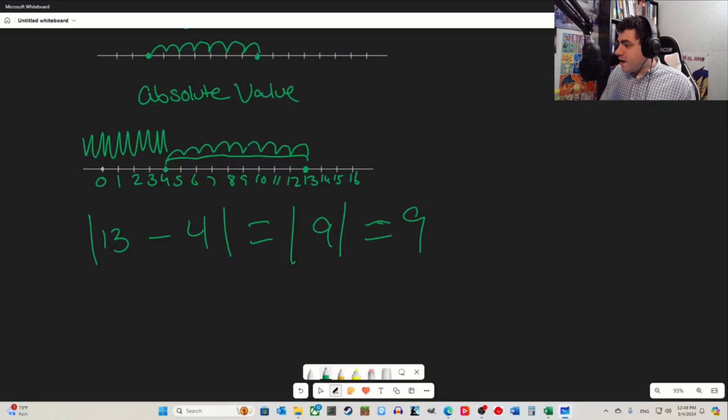So what we did was we counted the distance from 0 to 13, which is 13. And we subtracted the distance we did not want, the distance from 0 to 4. We weren't worried about that. Check it out this way. The grocery store is 13 units from 0.